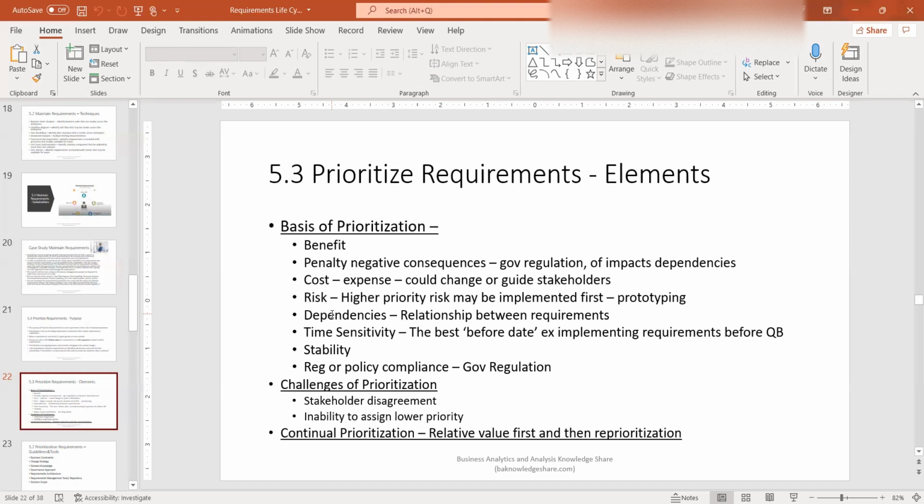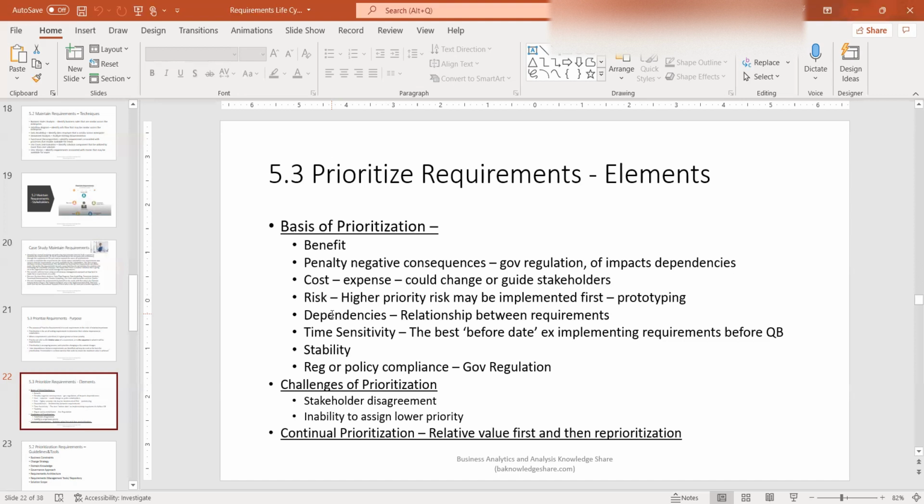So there are a couple of factors you've got to consider when prioritizing. One is the benefit, the penalty, any negative penalties, costs, risks, dependencies, time sensitivity, stability, regulation and policy compliance. The second one is challenges of prioritization, which is stakeholder disagreement and inability to assign lower priority.